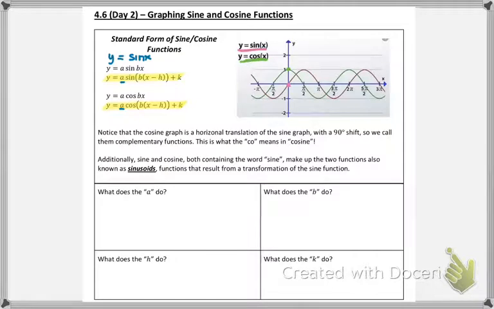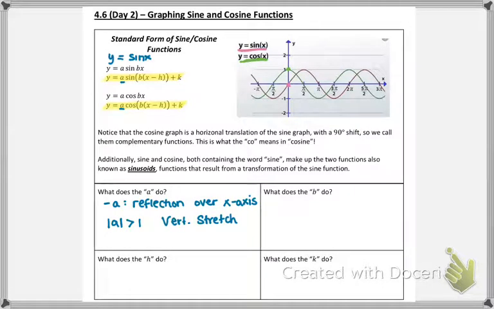So if it's a negative a, that's going to be a reflection over the x-axis. And if the absolute value of a is greater than 1, and I put absolute value because the negative is not part of the stretching, if a is bigger than 1, it's a vertical stretch.